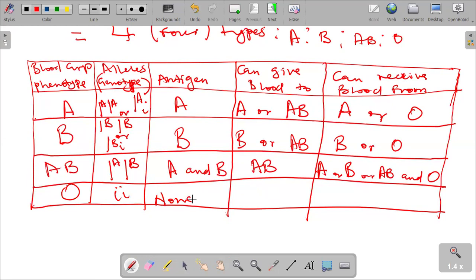And then who can this person give blood to? Can give blood to all the other people, to all individuals.